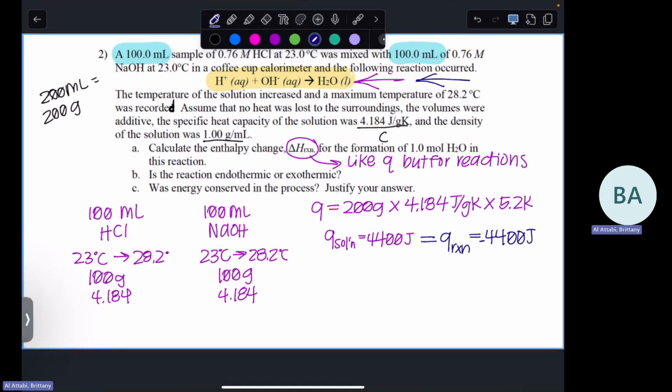Okay, B, endothermic or exothermic. Okay, hold on. Our solution got hotter, right? Which means that we added heat to it. Yes? Right? Okay. In order for that to be true, what must have happened to my reaction? My reaction didn't gain heat. My solution did.